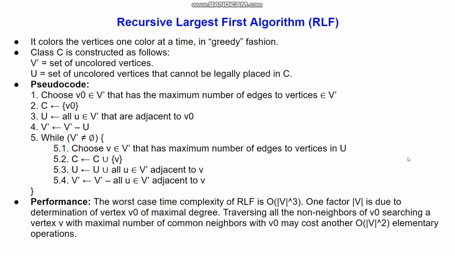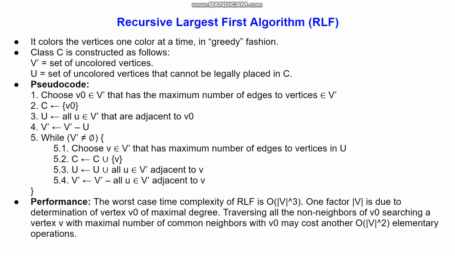Okay, now let's move to another algorithm called the recursive largest first algorithm, RLF. So basically it is kind of a greedy algorithm, and in fact the RLF algorithm is one of the most popular greedy heuristics for the vertex coloring problem. What it does is that it sequentially builds color classes on the basis of greedy choices.